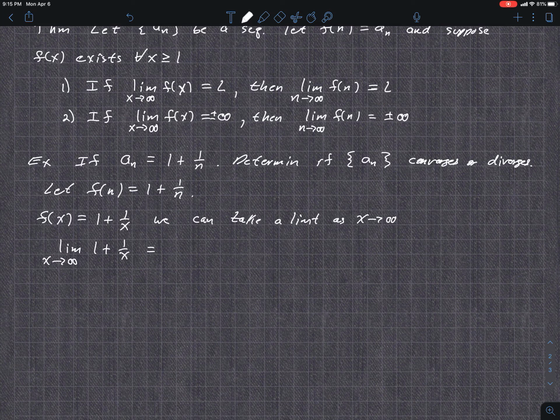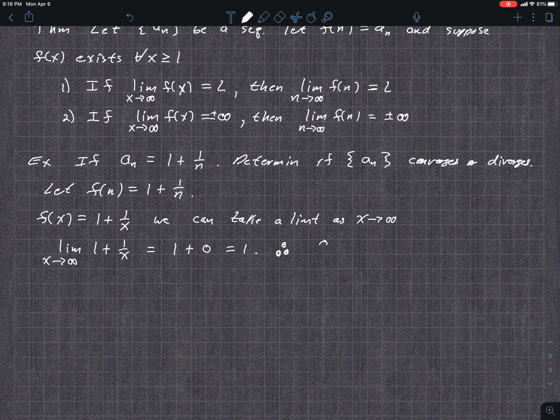So it's the limit of 1 plus 1 over x as x approaches infinity. We know that 1 over x approaches 0, so it's 1 plus 0, which is equal to 1.